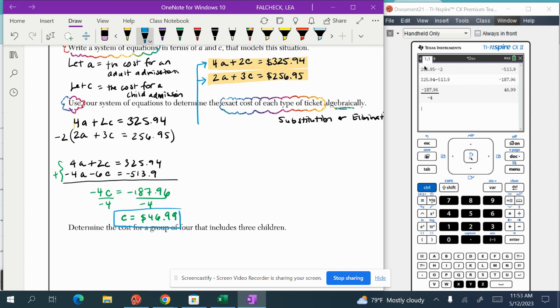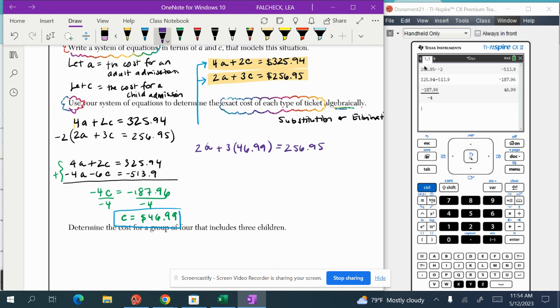I think I'm going to do the top one because it's less multiplication, maybe. I don't know. Nah, I'll use the bottom one. All right. So I've got 2A. Oh, A is still unknown. Okay, so I've got 2A plus 3 times 46.99, and that has to equal 256.95.